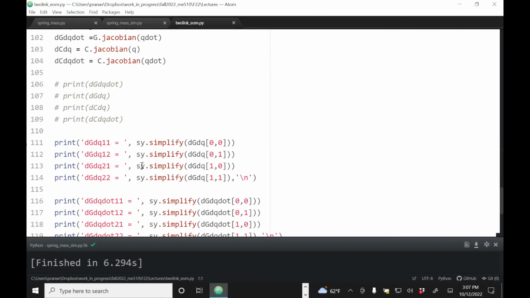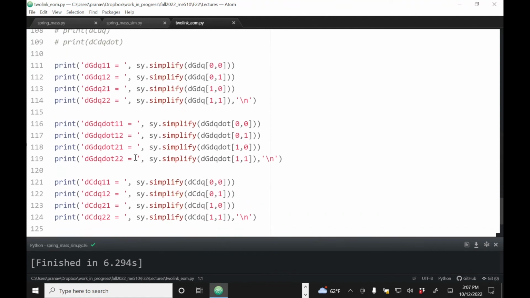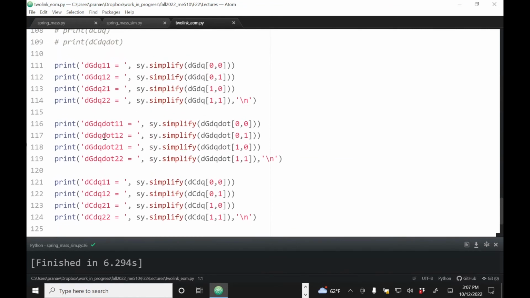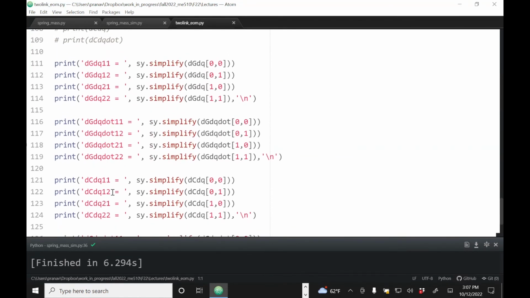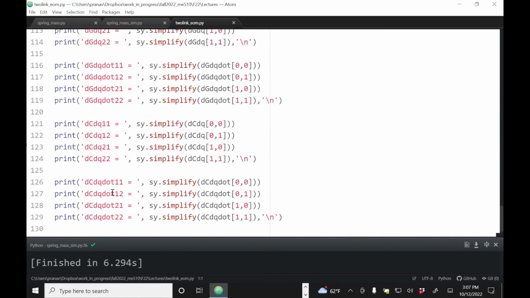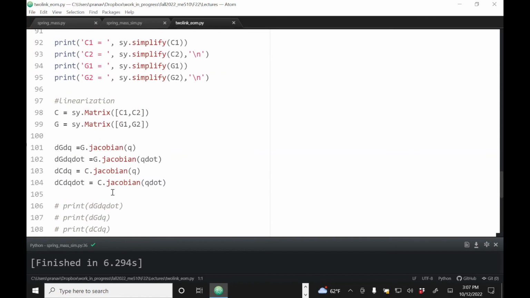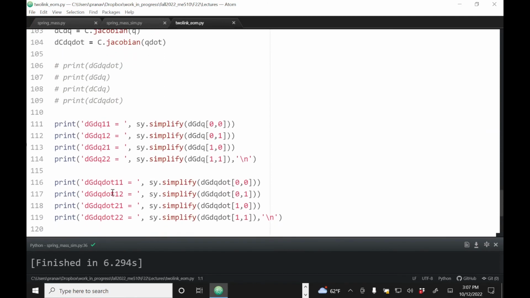You don't really need dG/dQ dot and these things, but I wrote them down so you can get them. And once you get them, you just put them in that same form I wrote down in my notes.